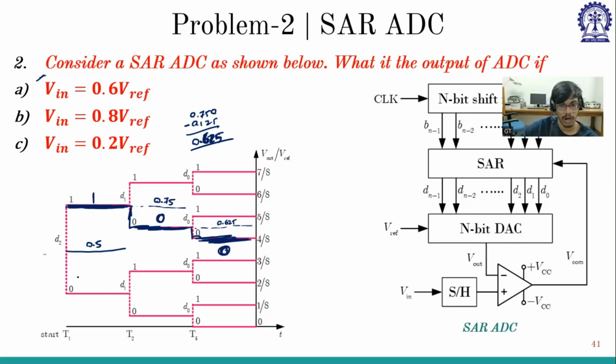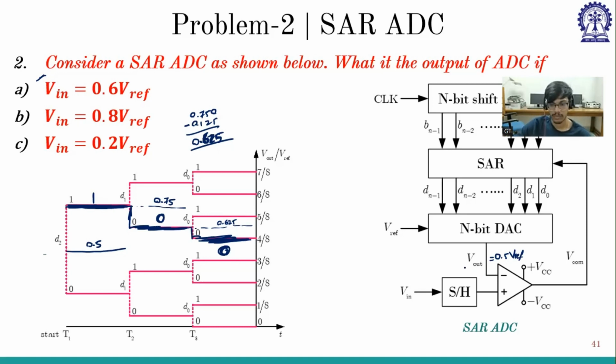That is for 0.6. Have you understood how I am comparing? First I am comparing with 0.5. We are taking V reference as a fraction. So V in is 0.6 V reference and V out is 0.5 V reference. It is a multiplication of V reference. I am considering only the gain.